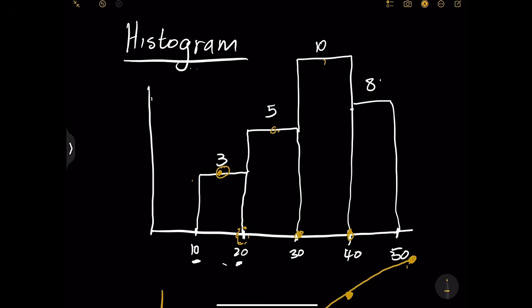But another thing that we can also have on the histogram is that we are also able to draw a frequency polygon. Okay, so for the frequency polygon, you take the midpoints of the values.